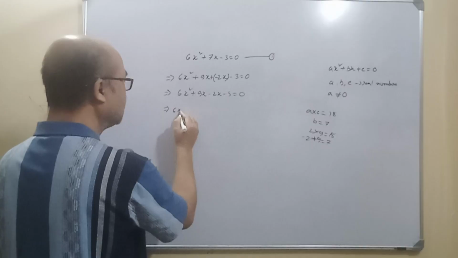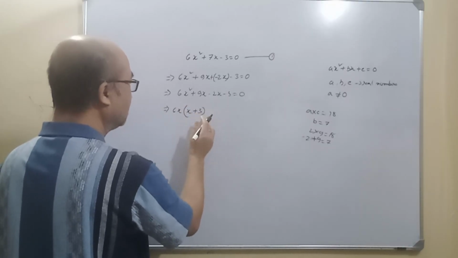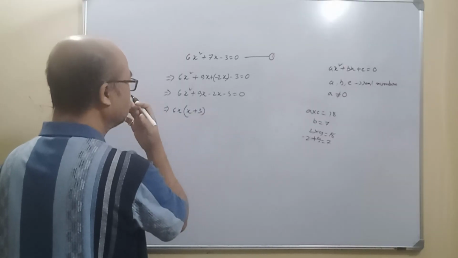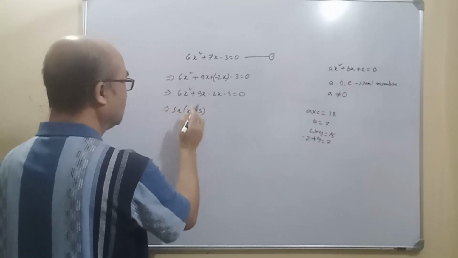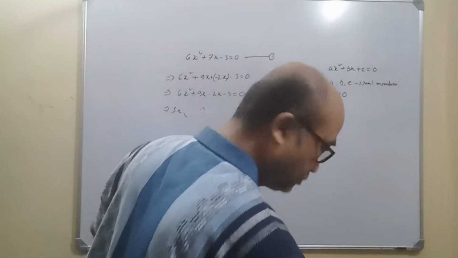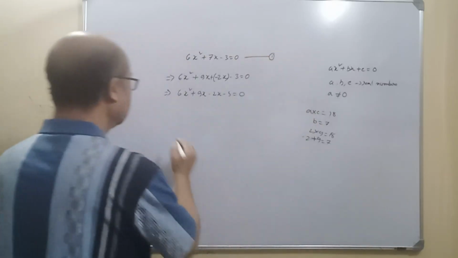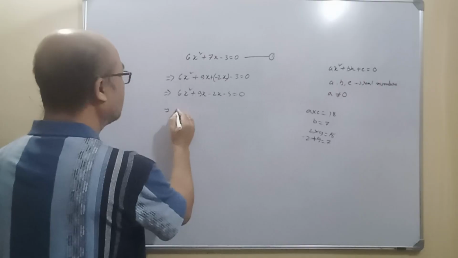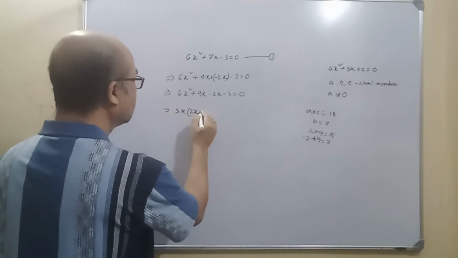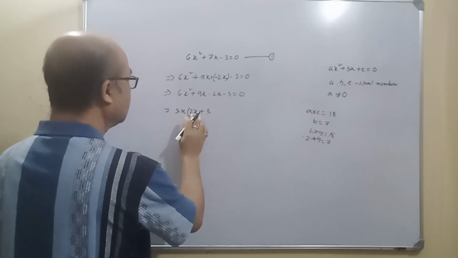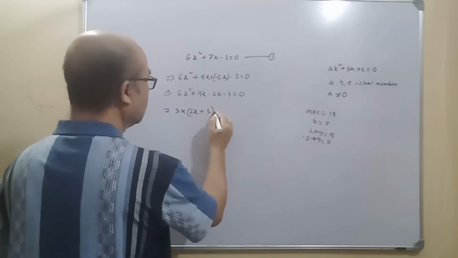So this can be written as 6x square plus 9x minus 2x minus 3 is equal to 0. Taking 3x common: 3x into 2x is 6x square, 3x into 3 is 9x.